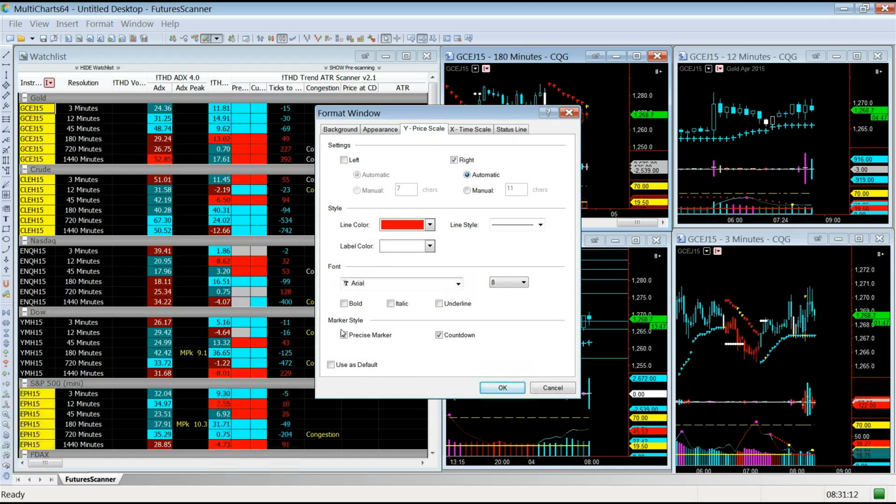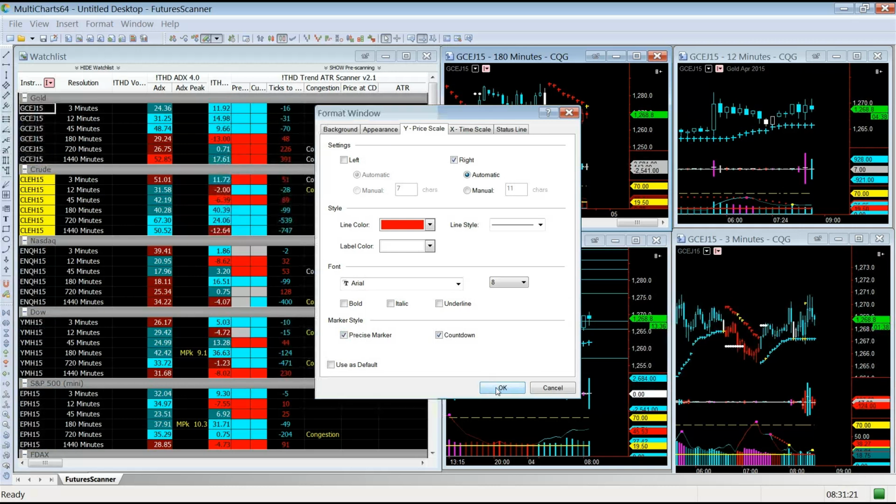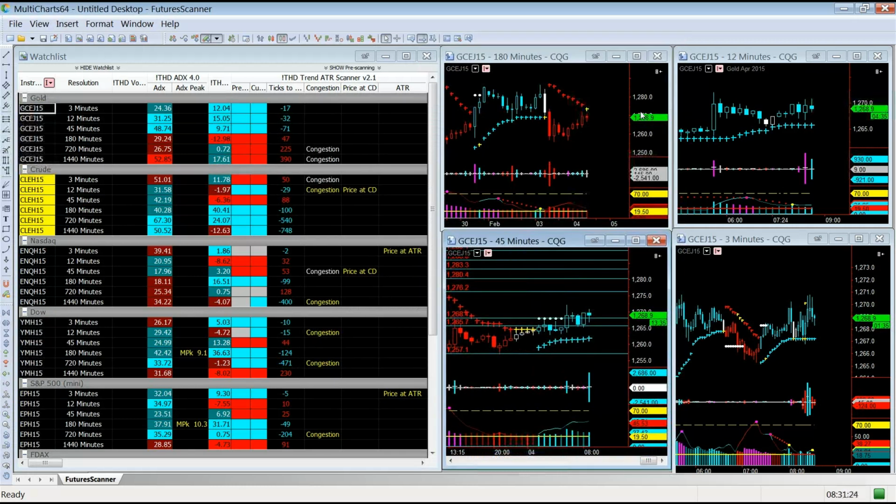It's down here where it says marker style, precise marker countdown. If you click OK, that actually puts the countdown over here. For some reason, I'm just not getting it this morning.